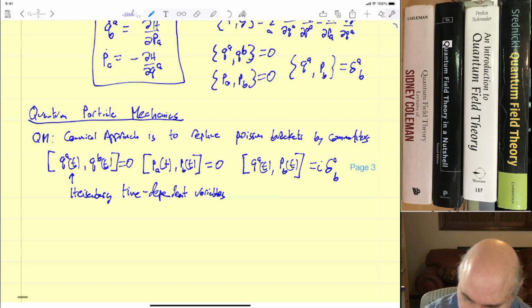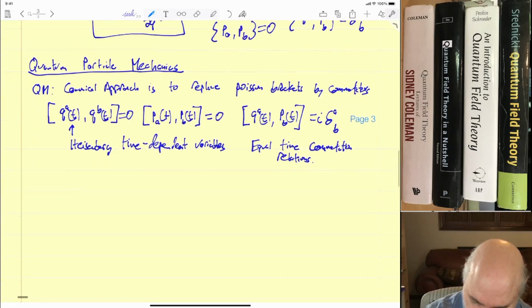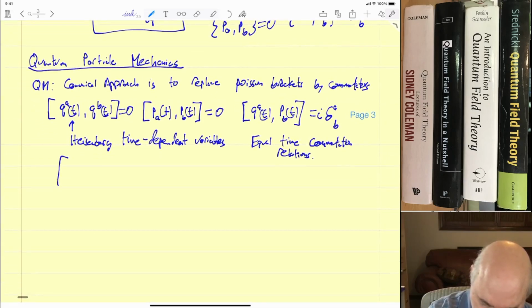So it's almost the same as this, except we have an I in here. And these are equal time commutation relations. And of course, I assume everybody in here knows that the commutator is defined by AB minus BA.